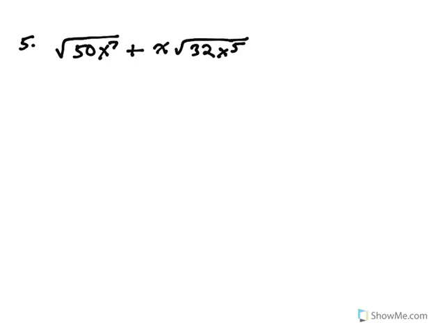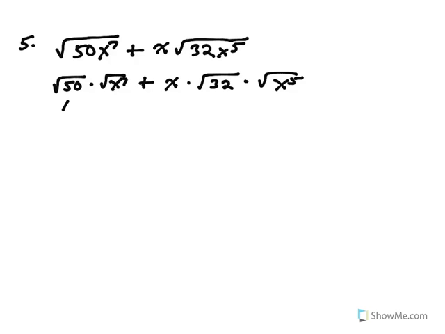So we're going to have to simplify these radicals. What this is really saying is we're taking the square root of 50 times the square root of x to the 7th, plus x times the square root of 32 times the square root of x to the 5th power. If we treat each term separately, we can break them down.